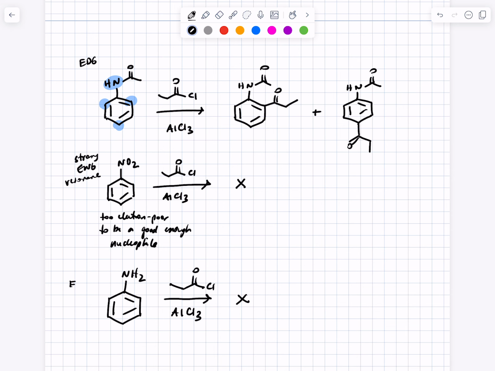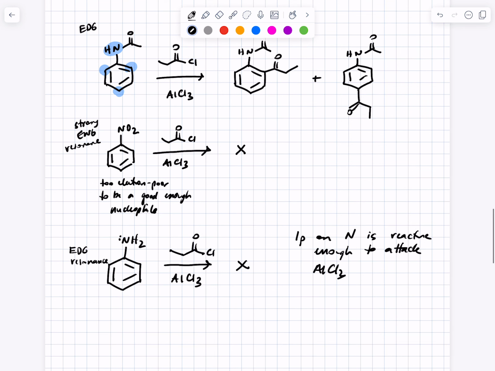Aniline is a good electron donating group via resonance, so you predict that this is a good enough nucleophile. The problem is that the lone pair on the nitrogen is reactive enough to attack the Lewis acid catalyst. And as that catalyst is essential, you end up getting an intermediate that looks like this, where the aluminum is bound to the nitrogen of the aniline.